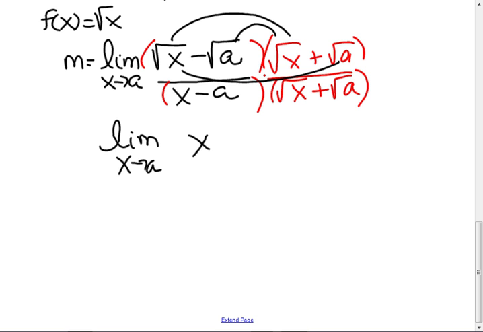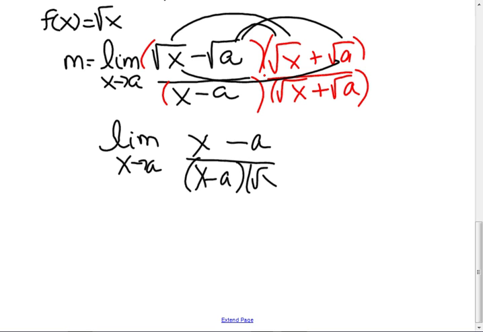Do I need to write that down? What's going to happen to those guys? They cancel, that's why I chose it that way. These are difference of squares, more or less. And then the last one, so it's minus a, all over x minus a times the square root of x plus the square root of a. Now, this really is times 1. Now can I cancel? Yeah.